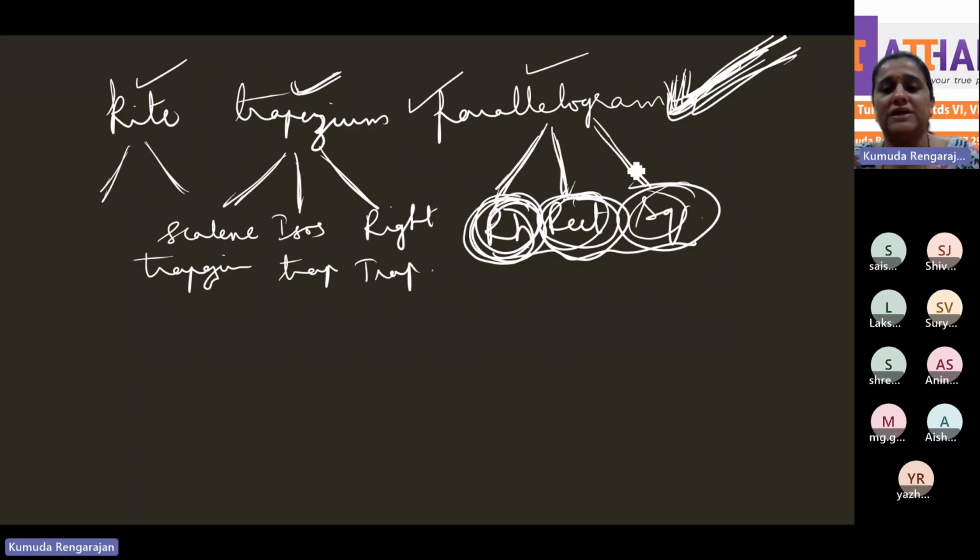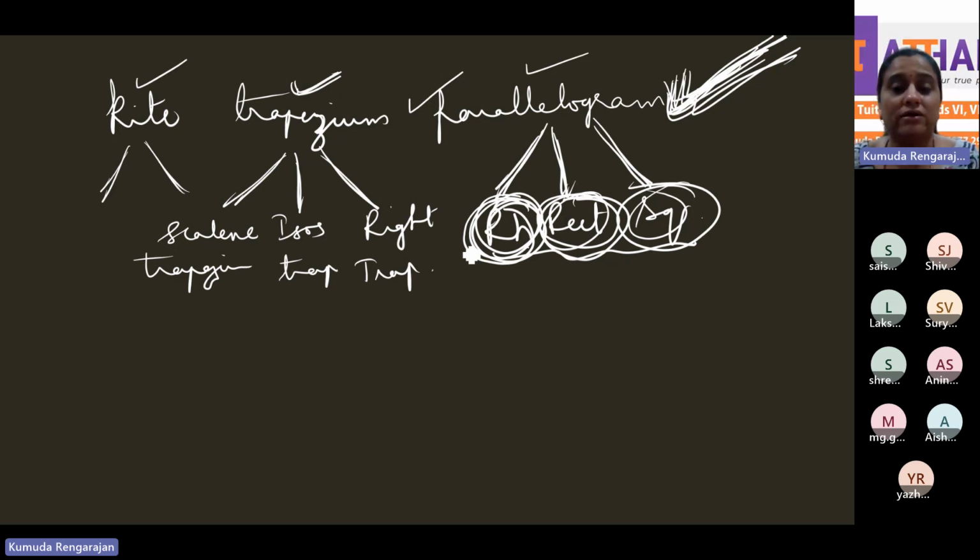So these are the special types of a parallelogram. Rhombus is a parallelogram, true. Rectangle is a parallelogram, true. Square is a parallelogram, true.